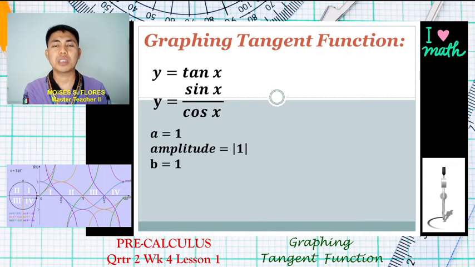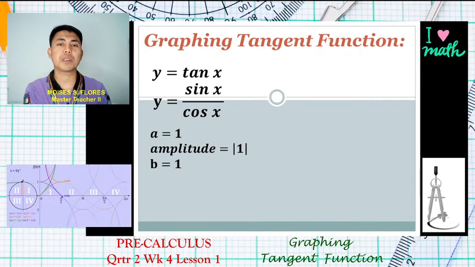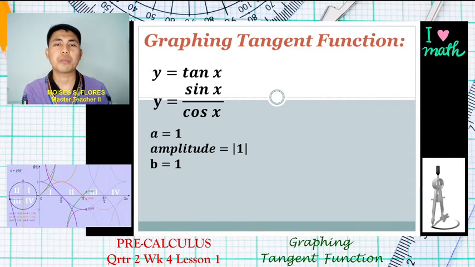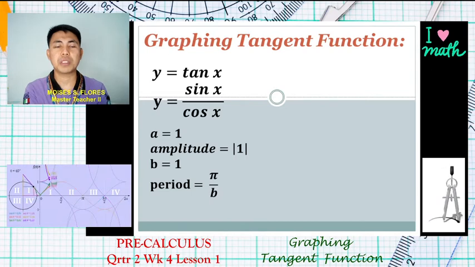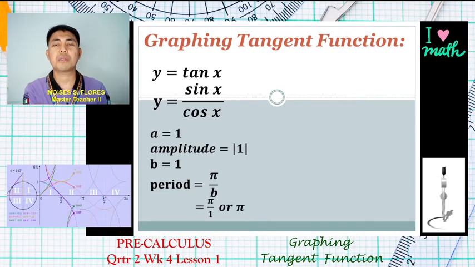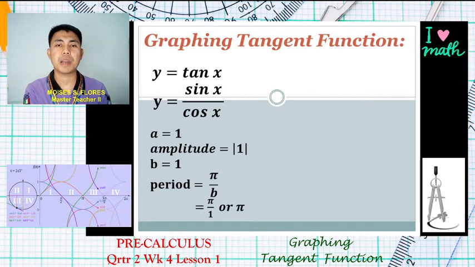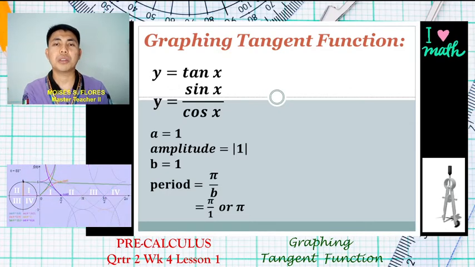And b is equal to 1. To solve for the period, our formula is pi over b. So let's substitute the value of b, which is 1, or simply our period now is pi. Meaning our tangent function is also a periodic function.